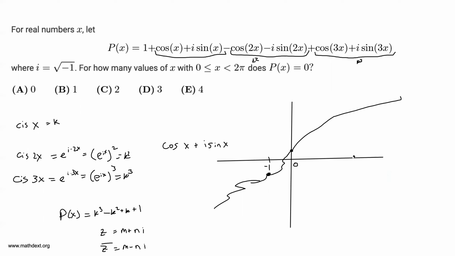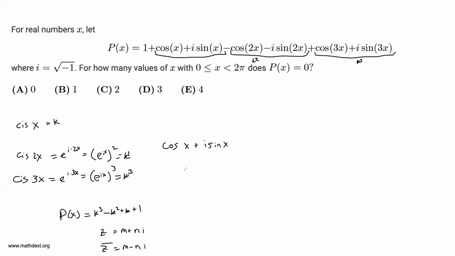So this means that there are two imaginary roots. And so we can say the roots are z, conjugate of z, and a real number, where this real number is somewhere between -1 and 0. So we can say it's approximately -0.5, right? So the roots are z, conjugate of z, and r.